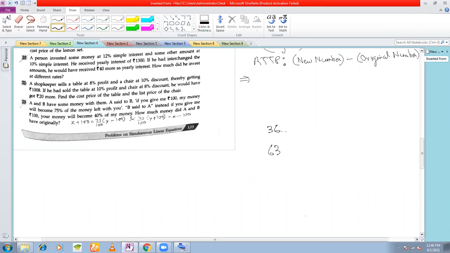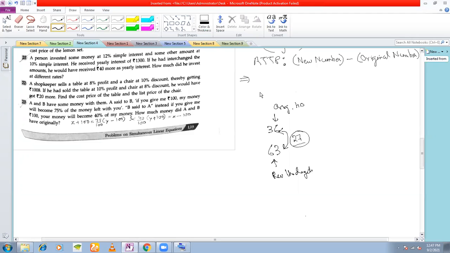So by how much is 63 more than 36? 27. So that means the original number was this, and when I reverse the digits, the number is increased by 27. Now is it clear?